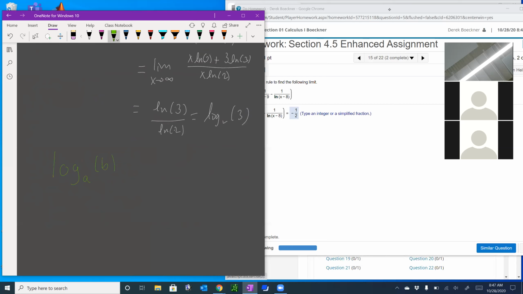Log a of b is log c of b divided by log c of a. So in this case, c is e, which turns into here. This is a polynomial. This is my leading coefficient. That's my leading coefficient.